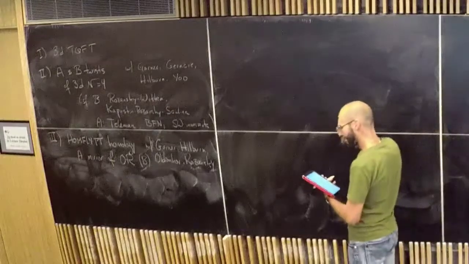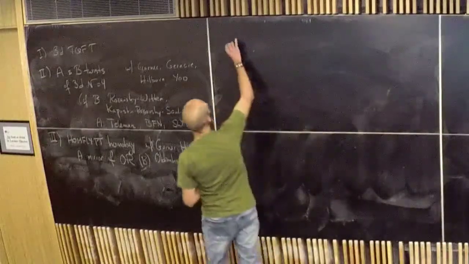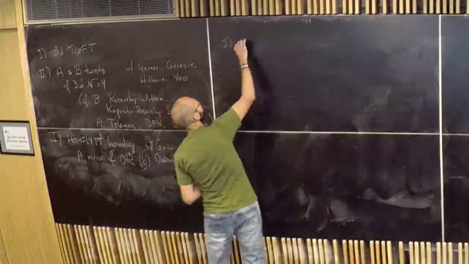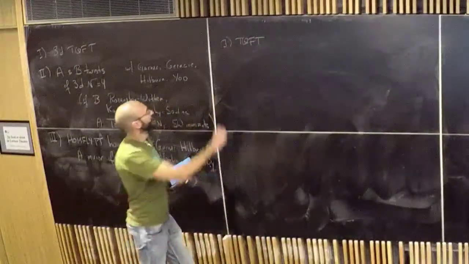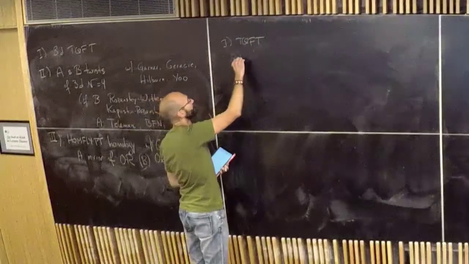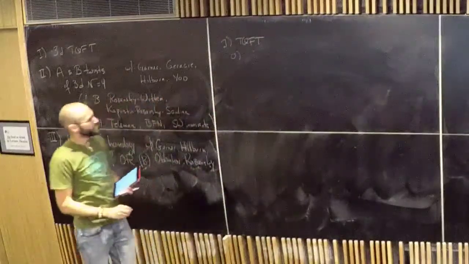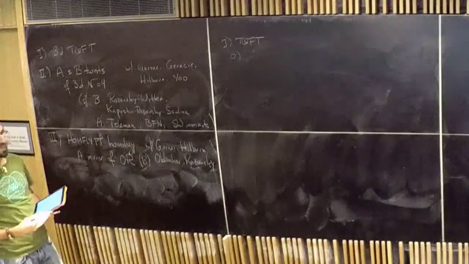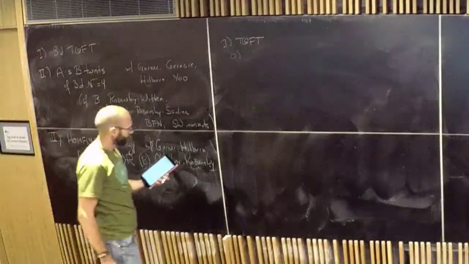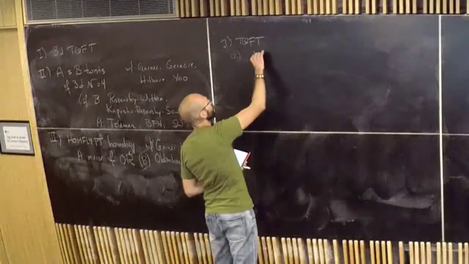So a TQFT in 3 dimensions has, at what I think of as the 0-dimensional level, an algebra of local operators. This is an E3 algebra.